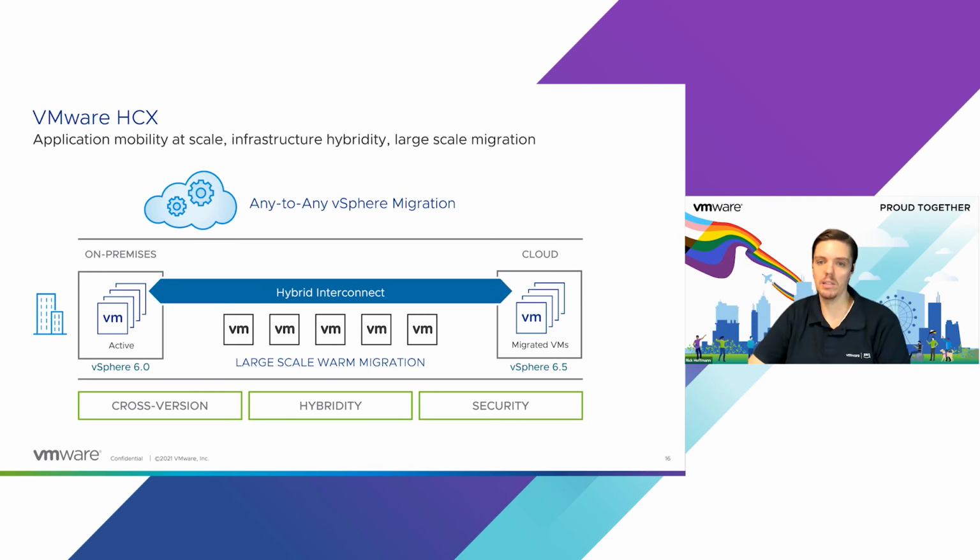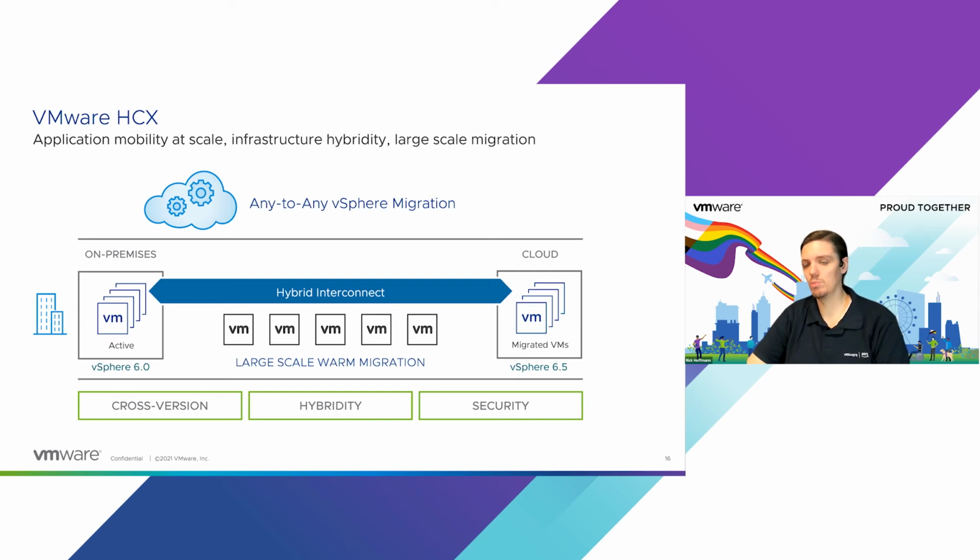We've also mentioned that with HDX, you can extend your networks from on-premises into the cloud. And what's also interesting is that you can do cloud-to-cloud migrations. So when you already have an SDDC and you want to interconnect it with another new SDDC, or between different locations, you can also leverage HCX for that, and we do that through Hybrid Connect.